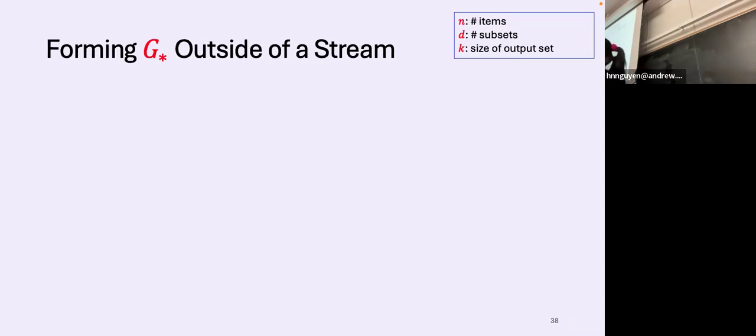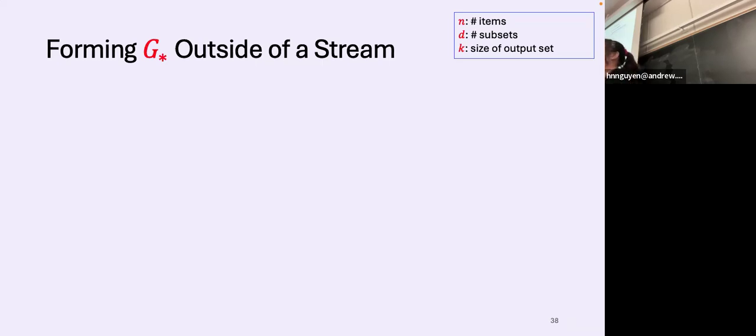If I add enough items and all their edges into my subgraph, then I only lose an epsilon factor. But the issue is that there are too many edges, because you can have some items that just have tons of edges. They basically show that you don't actually need every single edge for all these items. In fact, you only need the minimum between D over K and how many edges you actually have. Does that make sense?